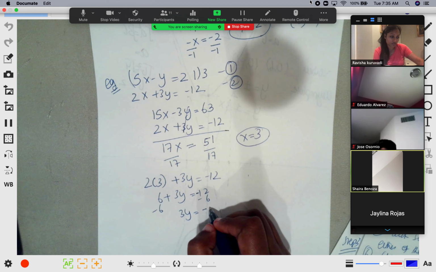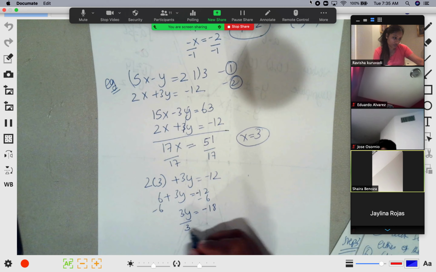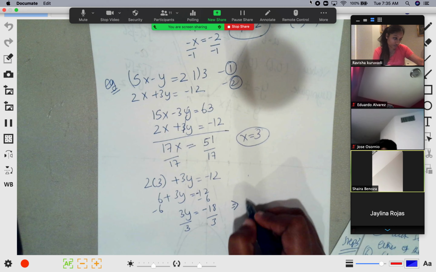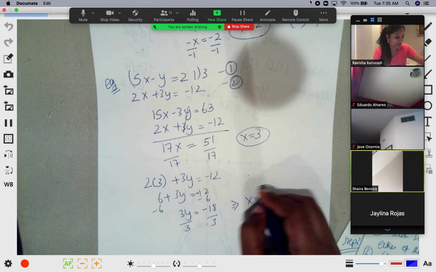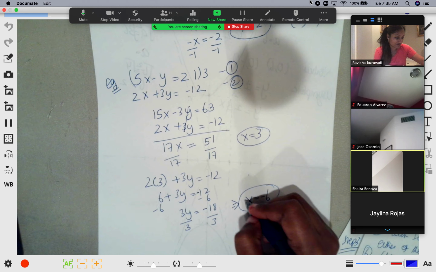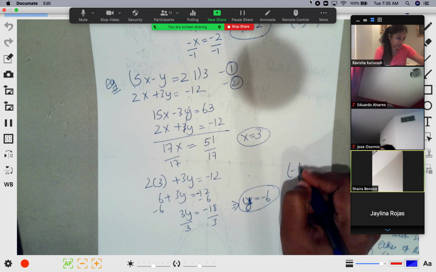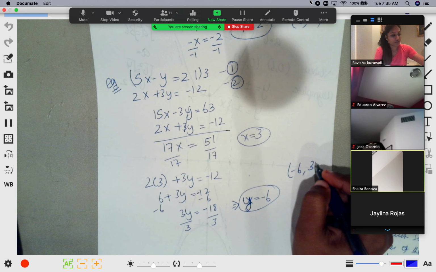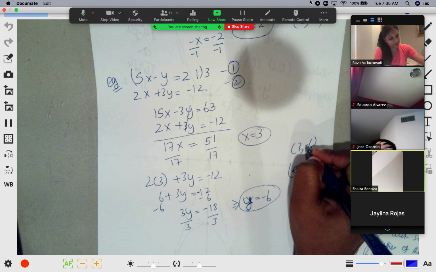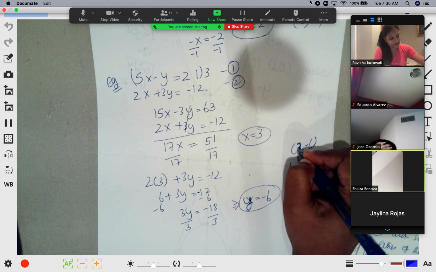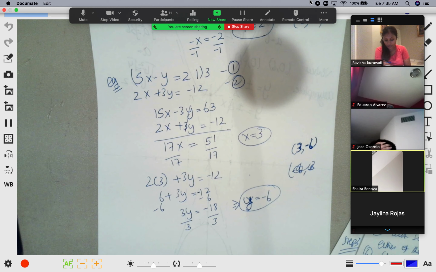Divided by 3, y equals negative 6. Absolutely correct. And the answer is 3 and negative 6. Really good, Shaira.